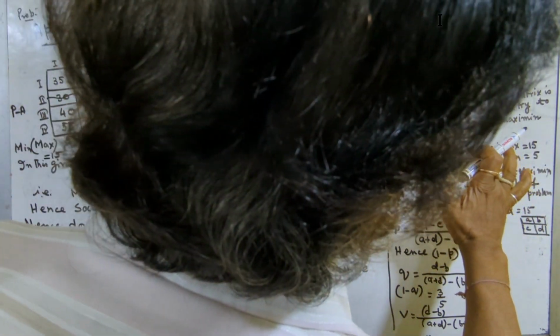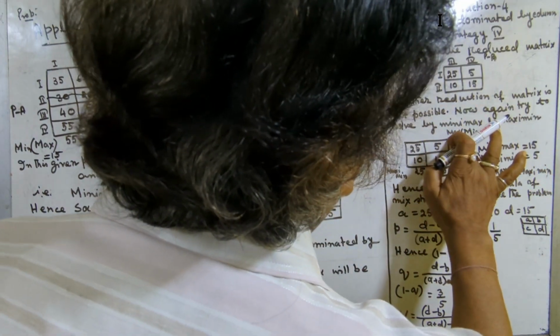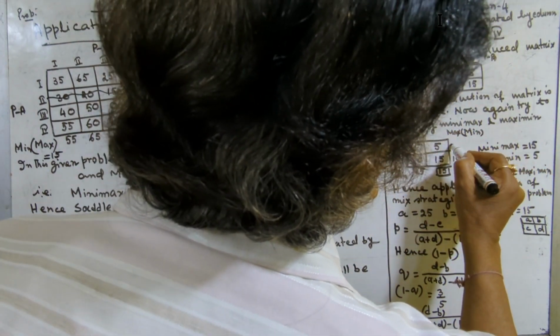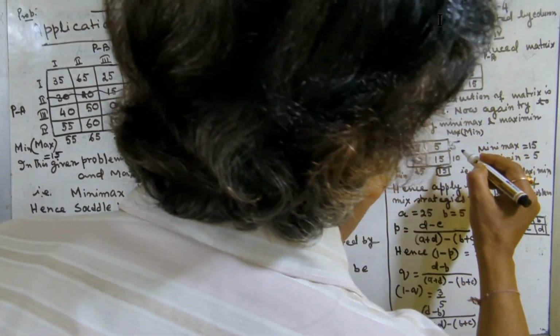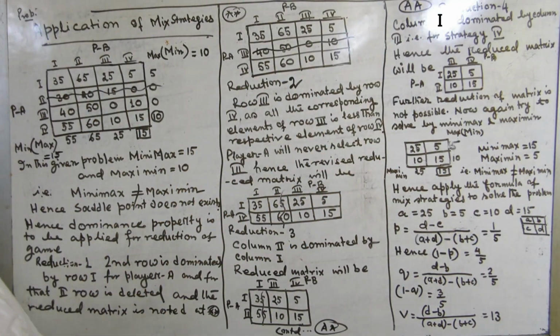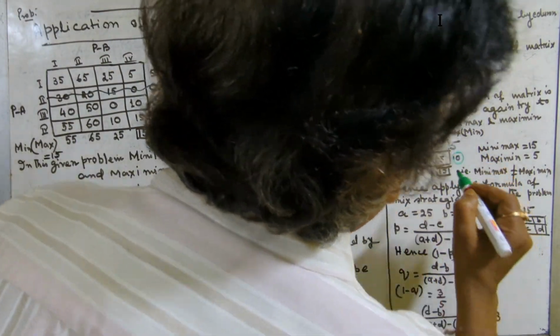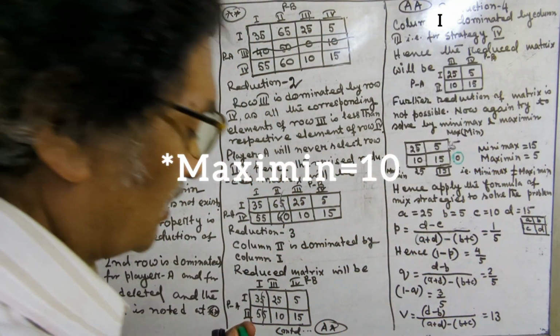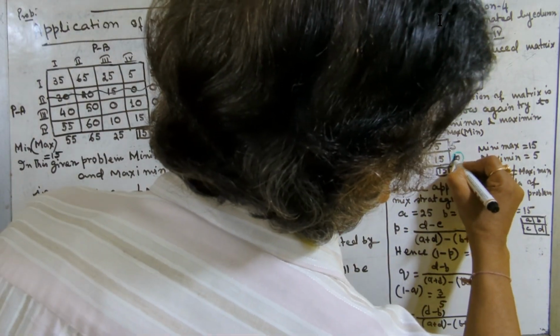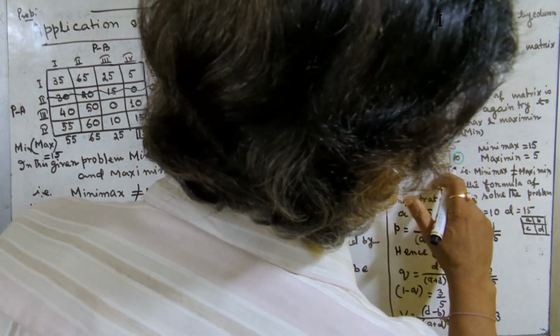The maximum of the minimum values is 10, and the minimum of the maximum values is 15.